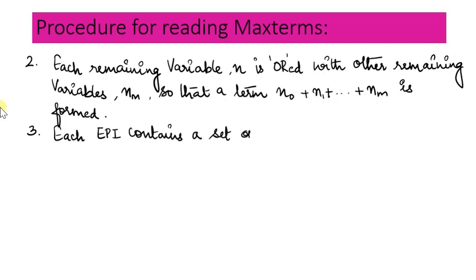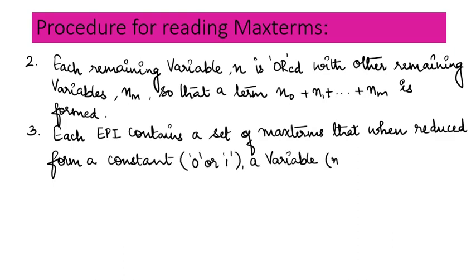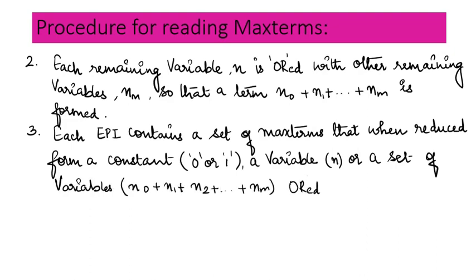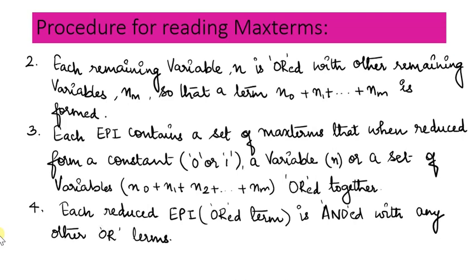Each essential prime implicant will contain a set of max terms that when reduced form a constant, either logic 0 or 1, a variable n, or a set of variables n0 plus n1 plus n2 up till nm, which are ORed together.